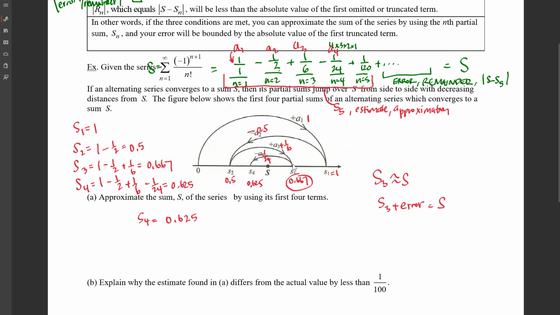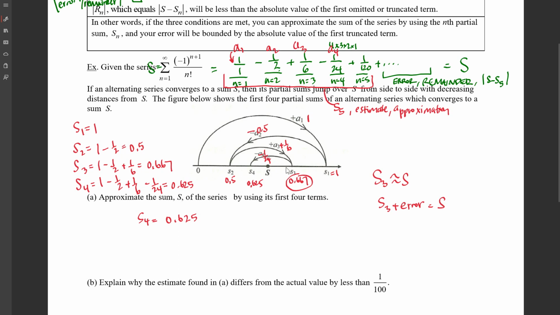Well, let's take a look at where your S3 is. How far is it from your S? However far this distance is, it's definitely closer than the next A4, right?